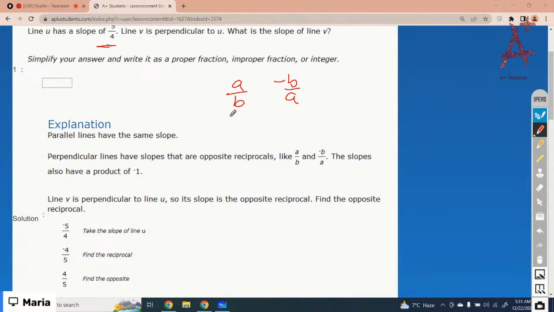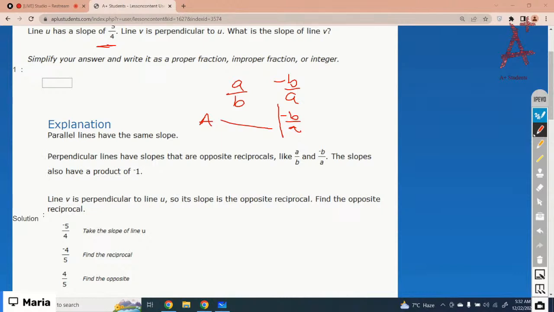For example, this is a line a. The slope of the line is a over b. You have a line that is perpendicular to this one. So the slope of this line is the opposite reciprocal of line a.